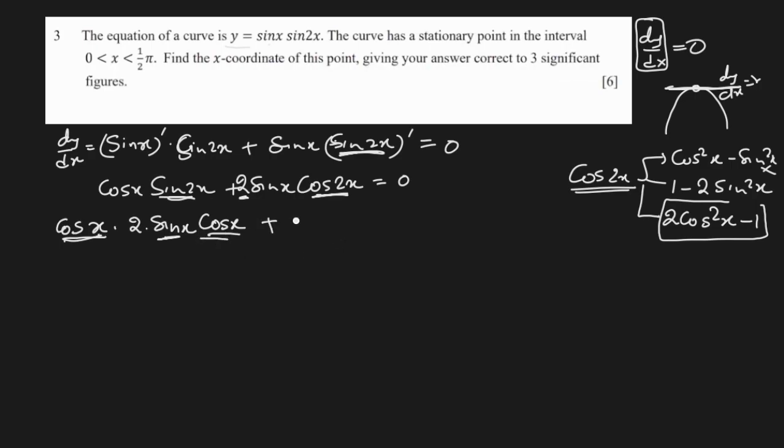So it will become 2 sin x remains 2 sin x, and cos 2x will be replaced by this, which is 2 cos square x minus 1.